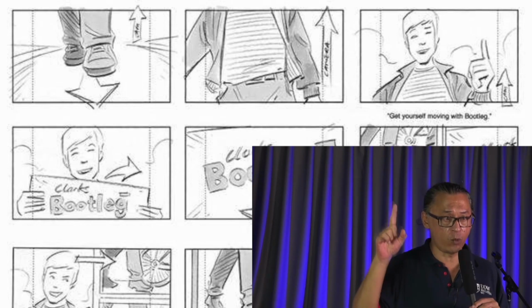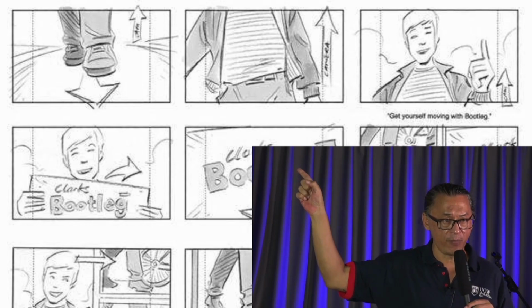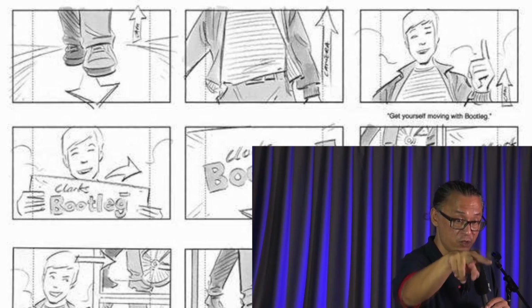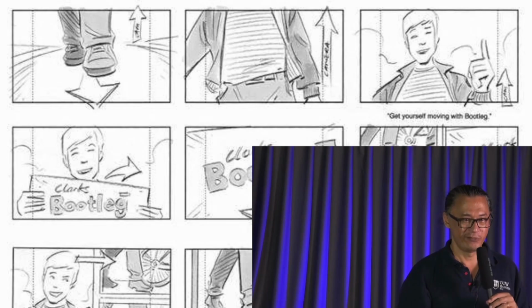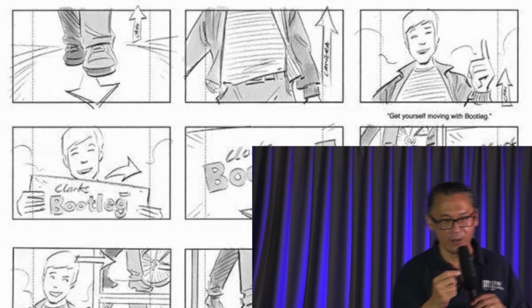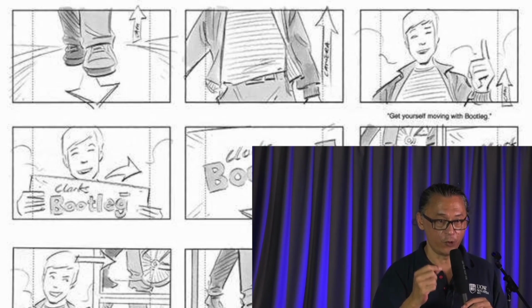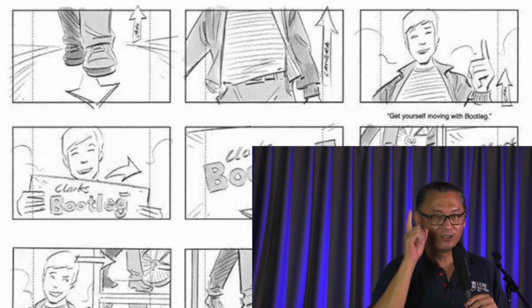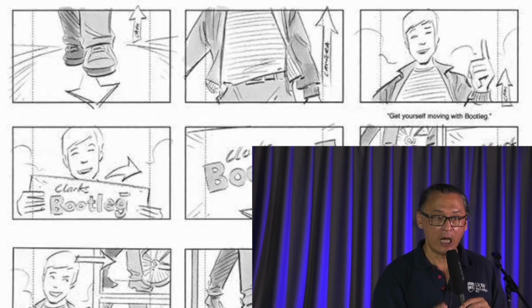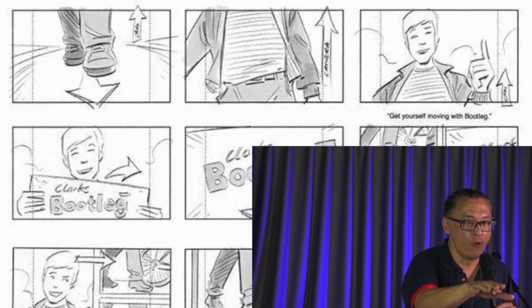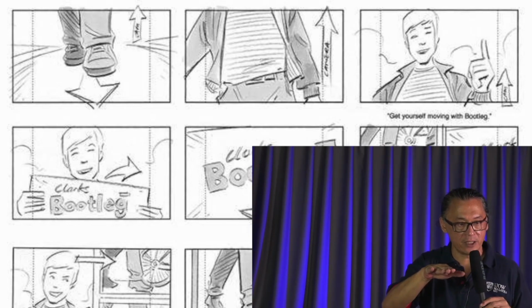Look at the very first one in the corner, the picture of two feet walking in the direction of the arrow. When the artist drew that, that was basically a message for the cameraman. That one drawing told the cameraman, I have to bring the camera down on the floor and I have to move with the actor.